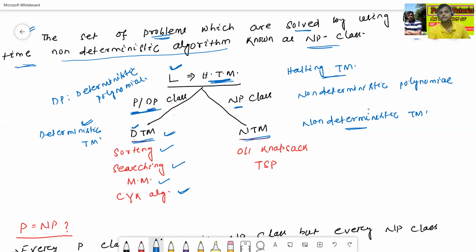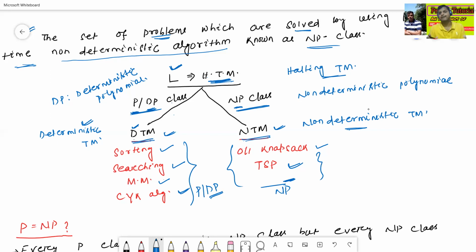Some examples of NTM, non-deterministic Turing machine, or NP class problems: 0/1 knapsack and TSP, the traveling salesman problem. These problems belong to the NP class.